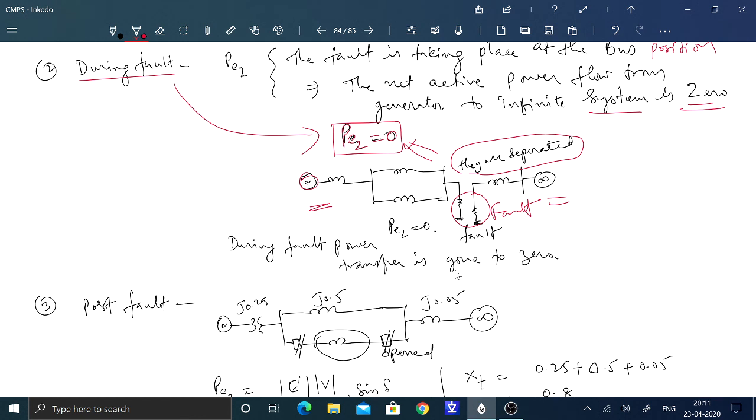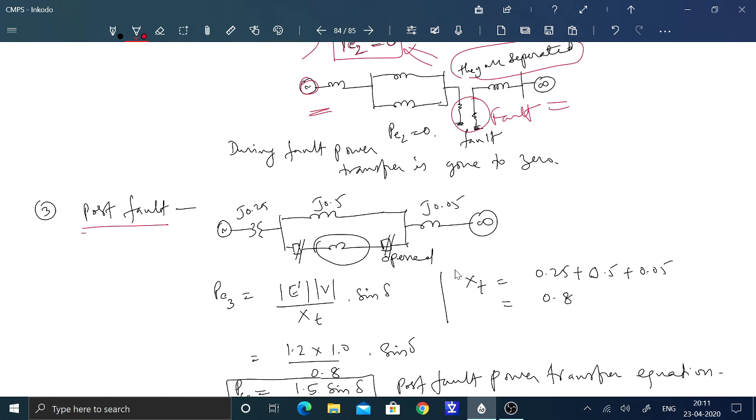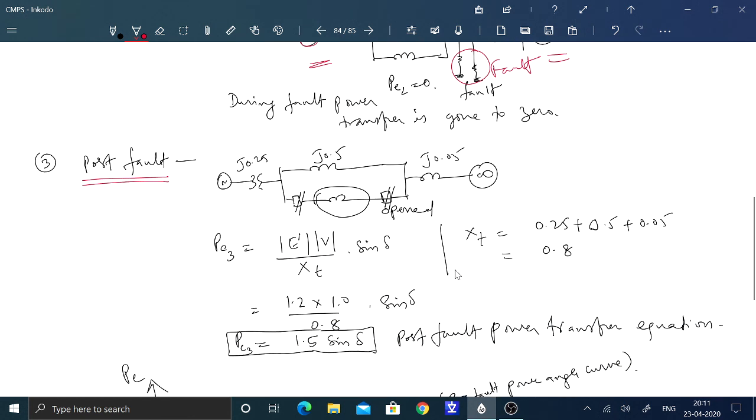Now coming to the post fault condition. It is said that the faulted line is opened by opening the circuit breakers. This line is entirely opened by the opening of the circuit breakers. So now the power angle equation PE3 is given by E prime V by transfer reactance into sine delta.